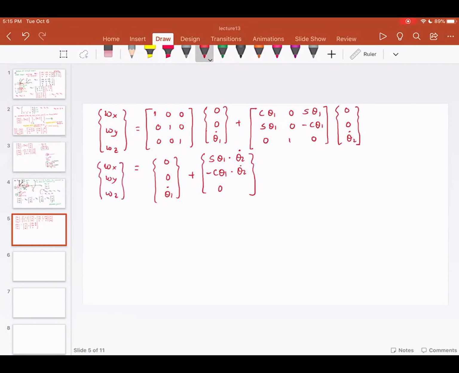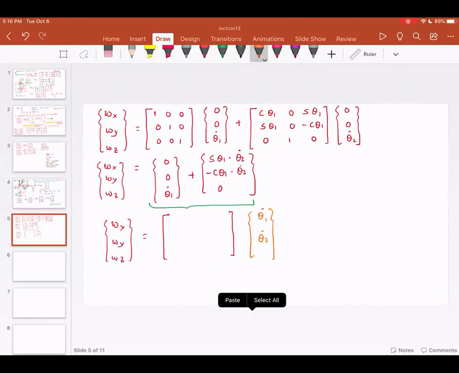Now I need to formulate the Jacobian, which means this expression needs to be expressed as the matrix vector equation omega x, omega y, omega z is equal to, for the sake of discussion, let me just write this. This will be theta 1 dot, theta 2 dot. So this expression is going to be 0, 1, 0, 1, 0.